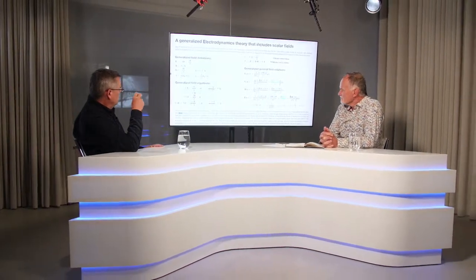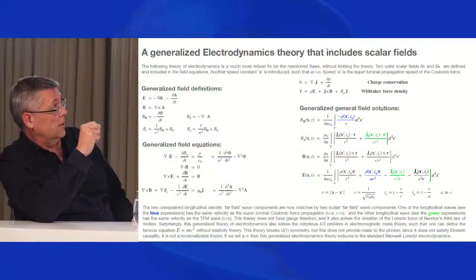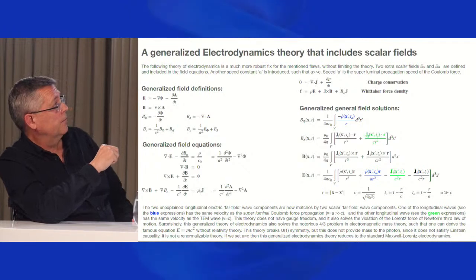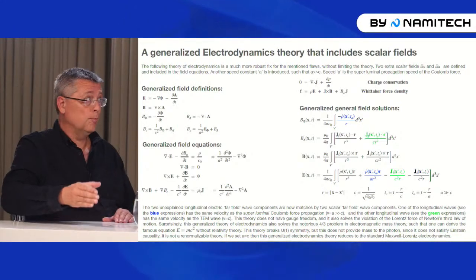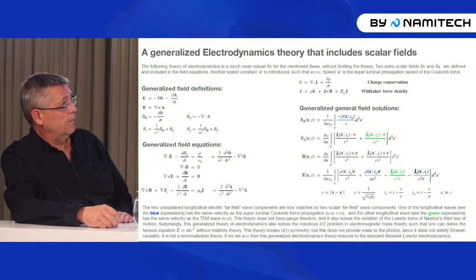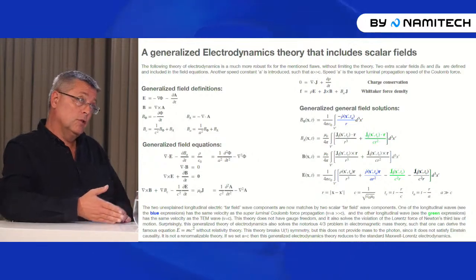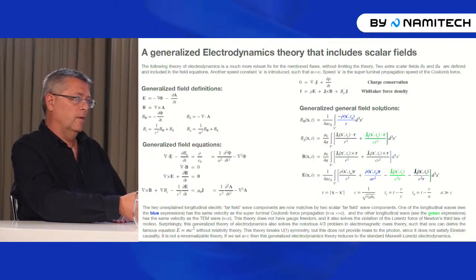This also leads to the Whittaker force density law, shown top right, where we have an extra term in the force, which is a scalar field force, but also a longitudinal Ampere force.